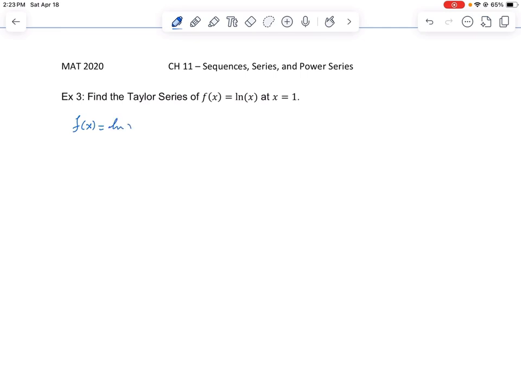So what I do, I start taking derivatives. f prime of x will be 1 over x, which I can write as x to the negative 1. f double prime of x will be negative 1 x to the negative 2. Again, if you want, you may write it like this, but for the derivative, we need to use this term.